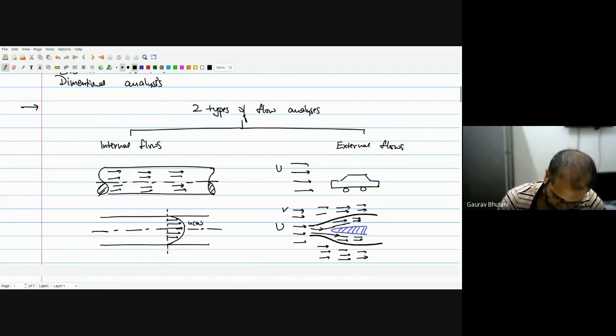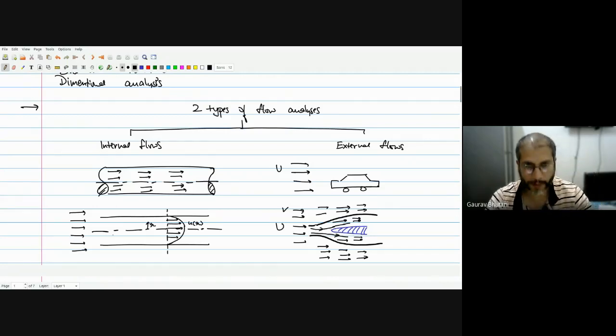So u is a function of r, the radial coordinate r. So what it tells us is that the wall has an effect. If there were no walls and you had a uniform flow, so here the flow actually is uniform before it enters the pipe, and then the pipe effects start, and the flow after some distance will become completely parabolic.